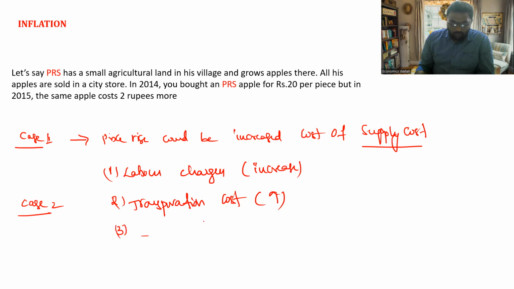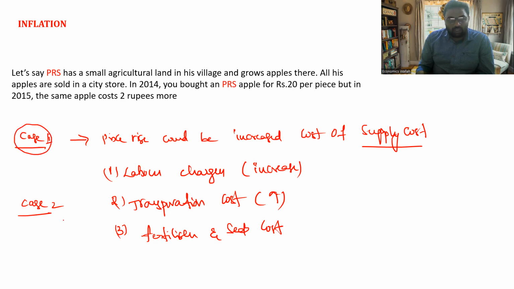The third one is input cost for apple growing, especially fertilizers and seed cost. So case one is why there is a price rise because of these factors: labor charges, transportation cost, and fertilizer and seed cost for production of these apples.